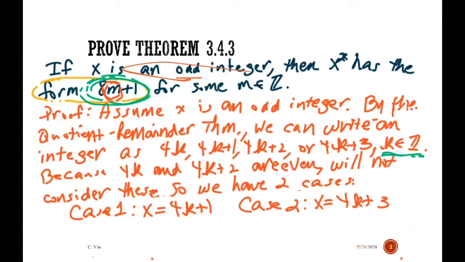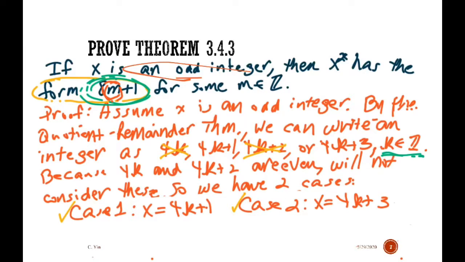And so to recap here, our cases: case 1 was x equals 4k plus 1, and we saw that that worked. Case 2 was x equals 4k plus 3. We didn't have to consider 4k or 4k plus 2 because those were even, so we ruled those two out. And since it works for all the other cases, and that's the only possible ways that you can write it as 4k plus something, we've covered all of our integers.